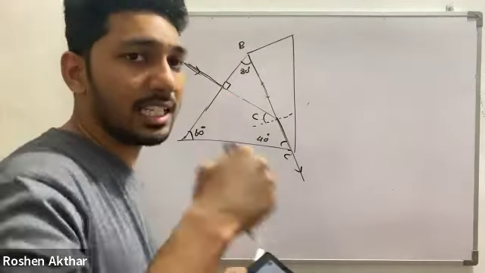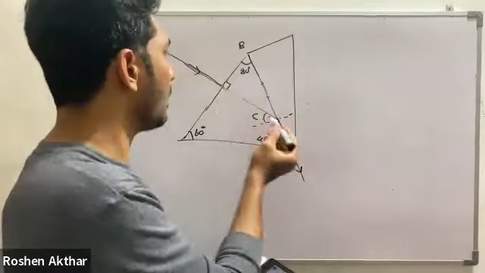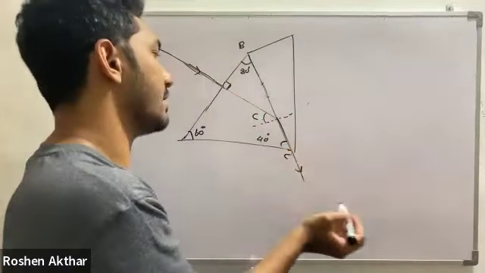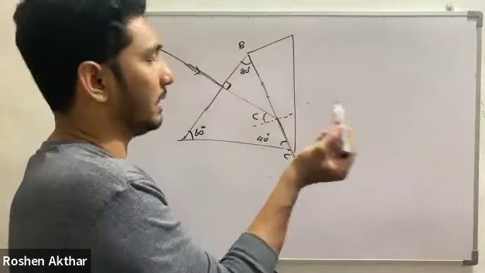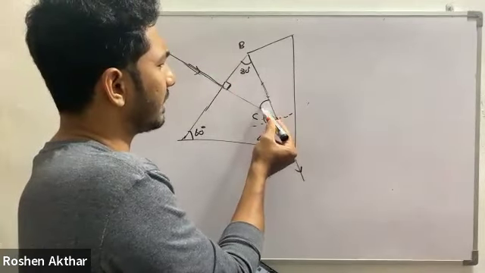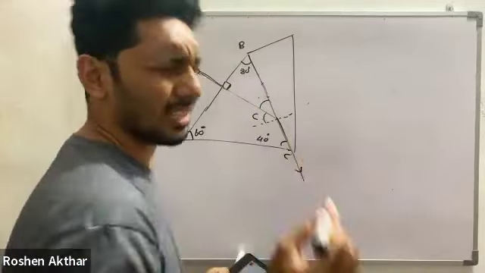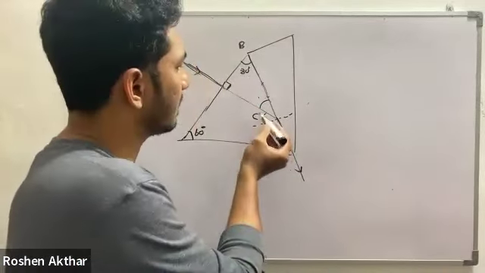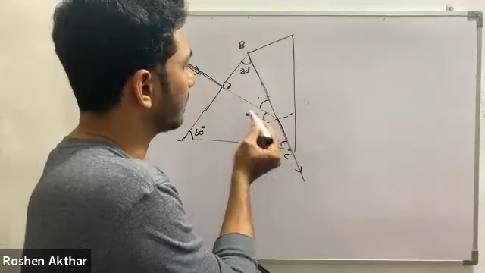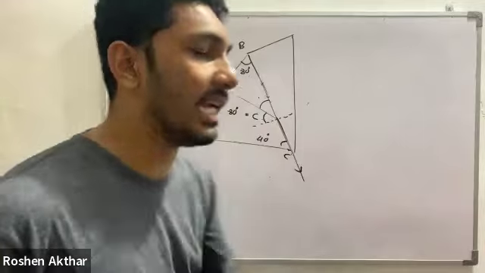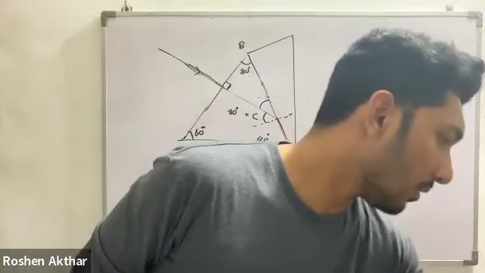The incident angle is the angle that it makes with the normal, so it's 0. But this angle is 90. It is along the normal. What will be this angle? 80 plus 90 is 170. This will be 10, 10, and this will be 80. For 80, it should not undergo total internal reflection.